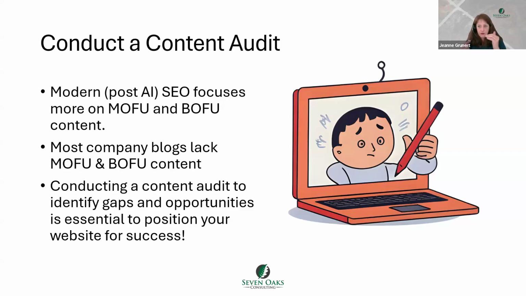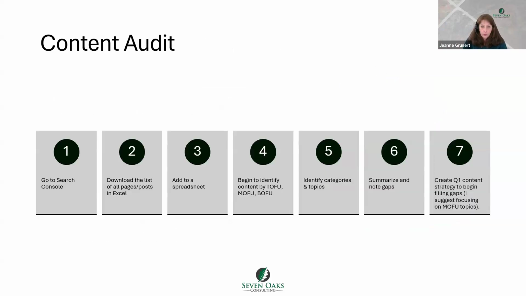It's moving from first page to second or third page. All of this is simply because the newer search engine algorithms are looking for different things. And again, the emphasis now is more on that middle and bottom of the funnel content rather than all the top of funnel stuff, which people tend to have because that's what we were using years ago to get good leads. So what do you do?